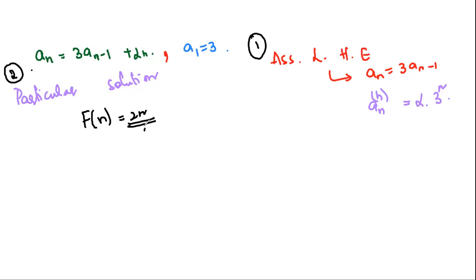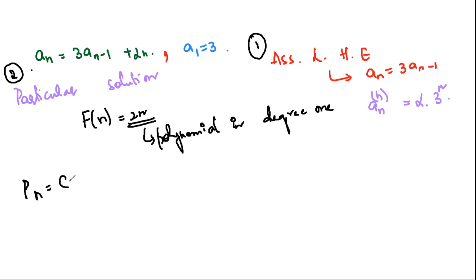It is a polynomial of degree 1. And for this we can easily say that if we want to take a trial solution, it can be taken as p(n) equal to Cn plus d, where both C and d are constants.